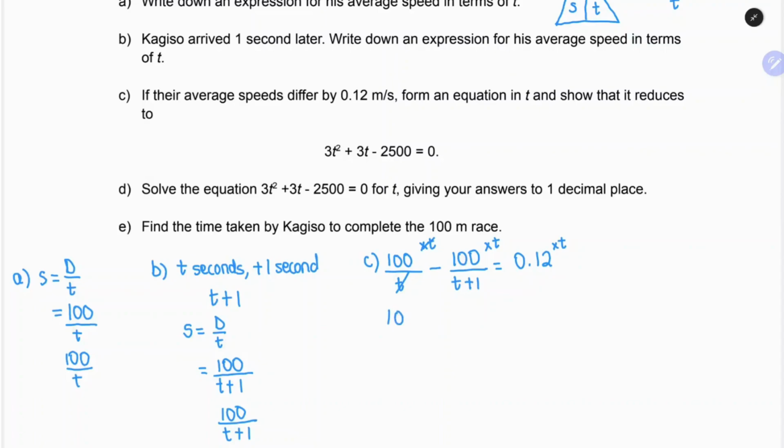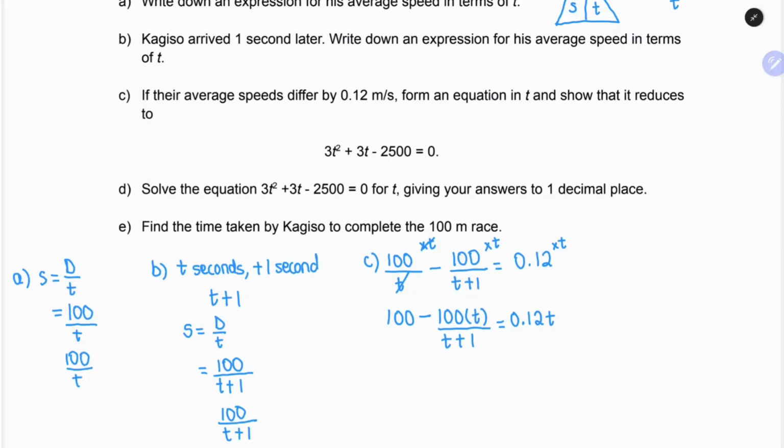And then we have 100 minus 100 times t divided by t plus 1 is equal to 0.12t, because 0.12 times t is the same as 0.12t.